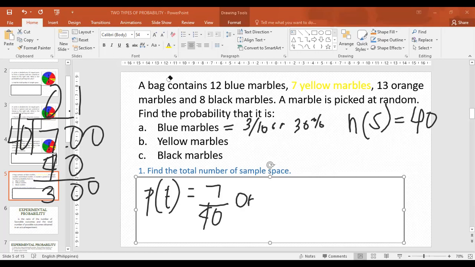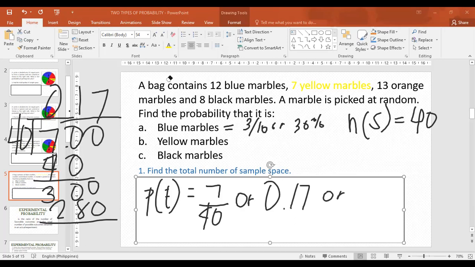I think it is 7. Kasi 280. Okay, so it's 0.17 or 17%. Okay, so this is the final answer. So, meron tayong 17% probability that yellow marble will be picked.